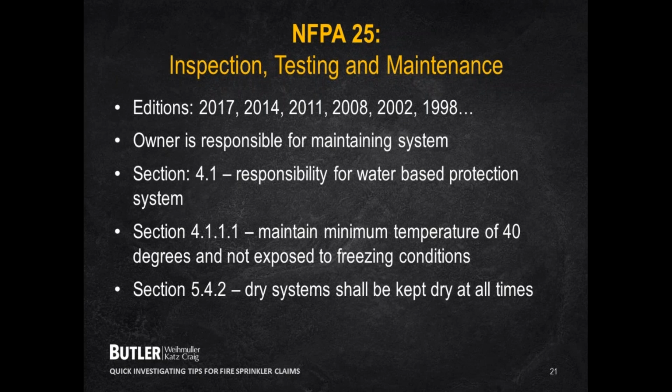As you can see, in all the editions, the owner is responsible for maintaining the system. So it's critical that the water is drained off of that. And it doesn't say in the NFPA guidelines as to when or how often. It's like as needed. So you have to know your own system.